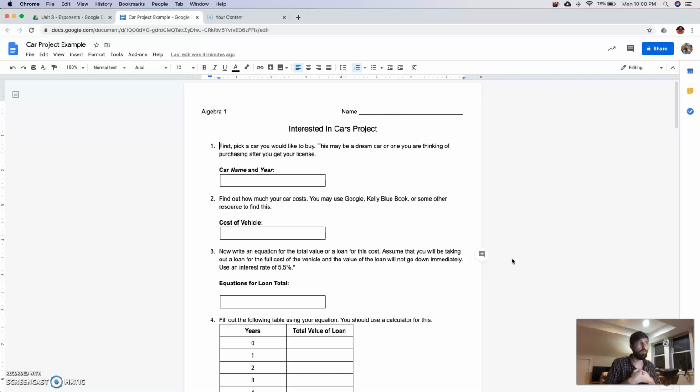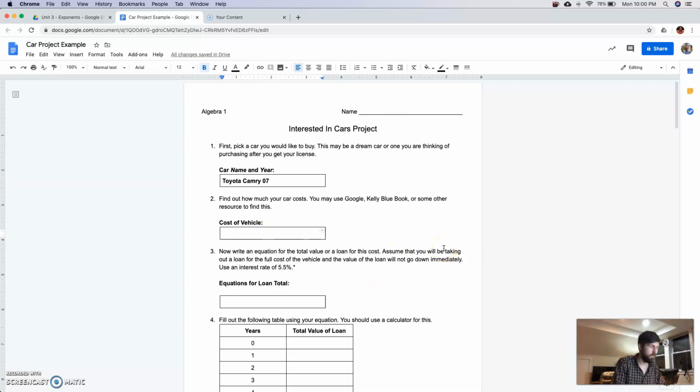So the first thing that you want to do is you want to pick out a car. So this may be something that you are interested in, like I want a Porsche 911. I don't know. Or the example that I will be doing, I am going to get a Toyota Camry 07, because that is actually my car, which I actually bought a while ago.